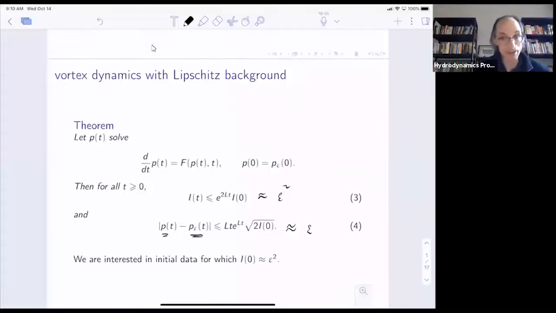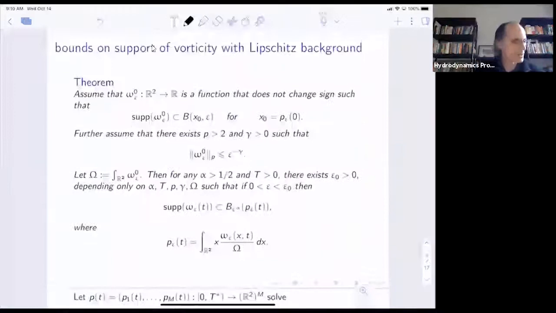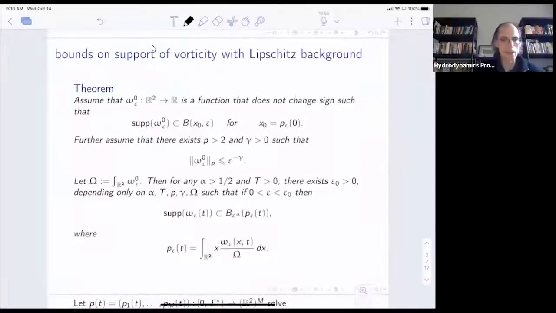That was a rather easy theorem, a very elegant and quick proof. Then the harder theorem was these bounds on the growth of the support of the vorticity. And so here we assume again the Euler equation with the background flow. We assume the initial vortex is concentrated in a ball of radius epsilon. And we assume there's some L^p norm for some p bigger than 2, so that the growth of the vorticity is like some negative power of epsilon.